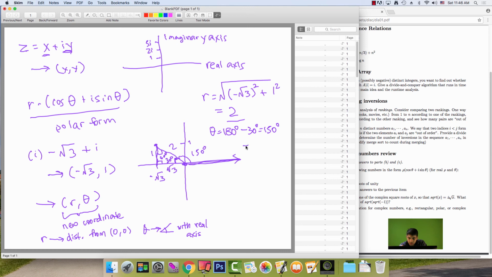And so converting from degrees to radians, 150 degrees is equal to 5 pi over 6 radians. So our final answer is going to be, the number is 2 times cosine of 5 pi over 6 plus i sine 5 pi over 6.